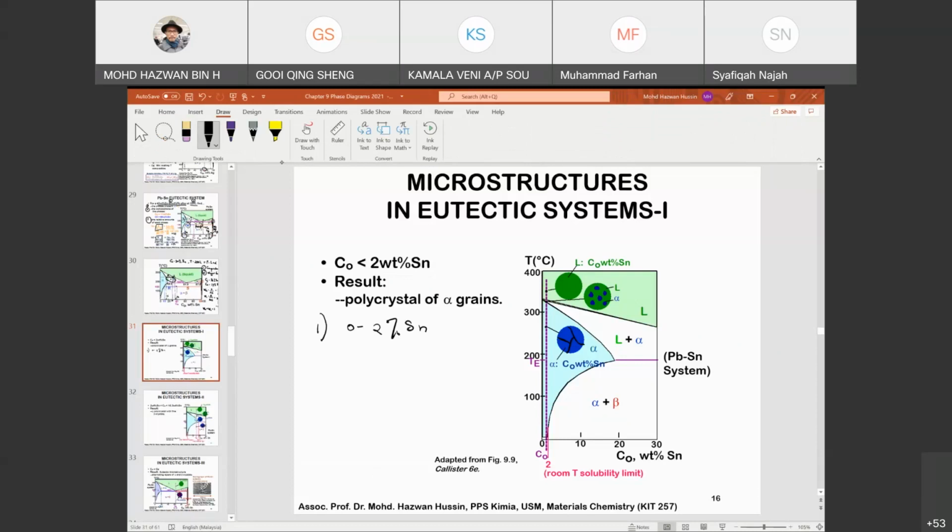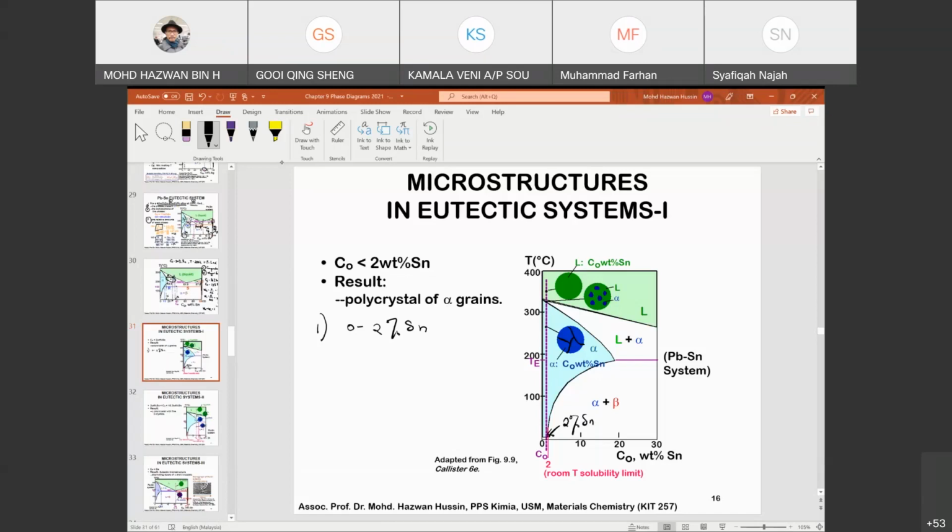Here the solidus line of alpha bends down to a very small value, approximately 2% of tin.